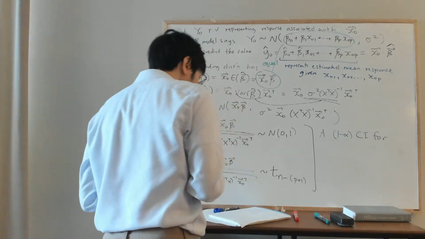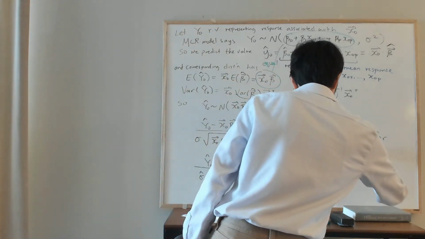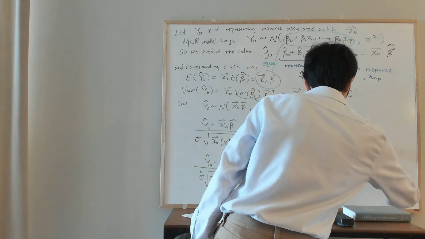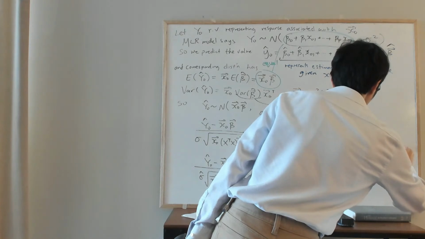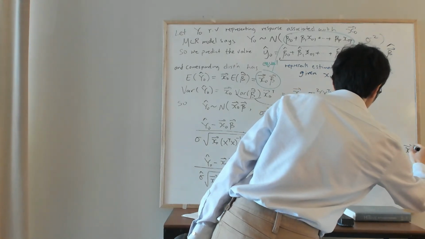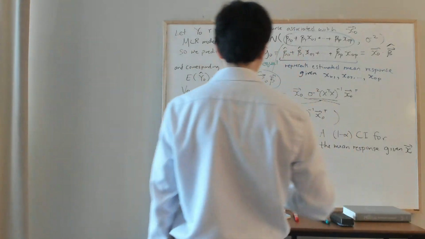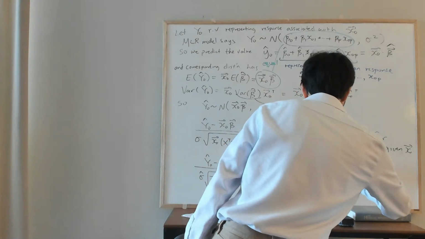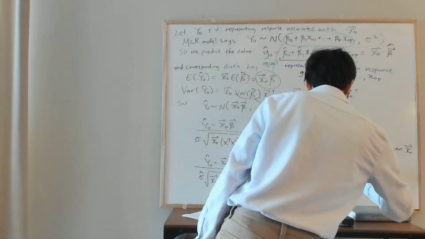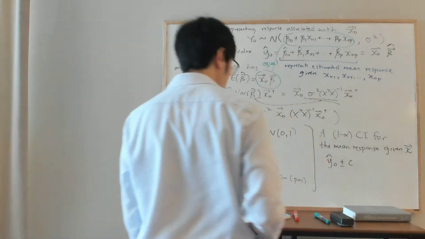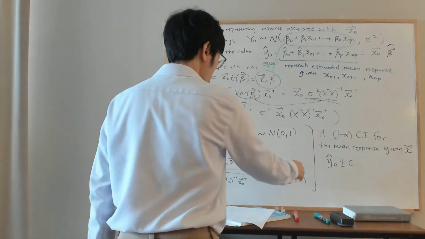Let's state that carefully. So for the mean response given x0, we use our usual technique. We take y0 hat plus or minus a constant c, which is going to be from the t distribution with n minus p minus 1 degrees of freedom, since there are p plus 1 parameters.